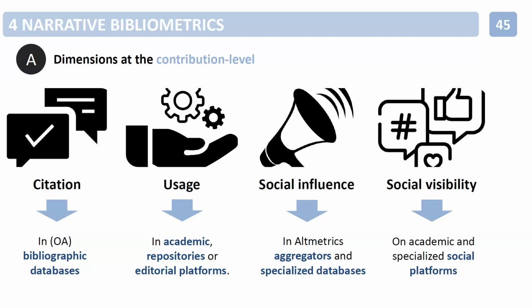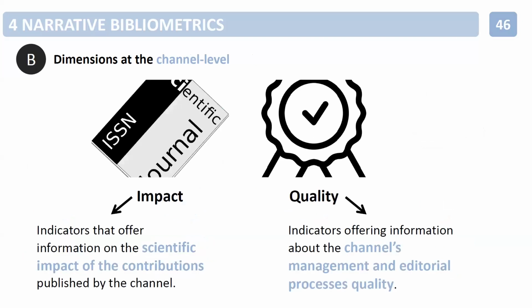We have 3 types of dimensions. That's the dimensions at the contribution level. So one dimension is citation-based metrics, but applicants can also use usage, social influence, and social visibility metrics. Then there are the dimensions at the channel level, the source level.